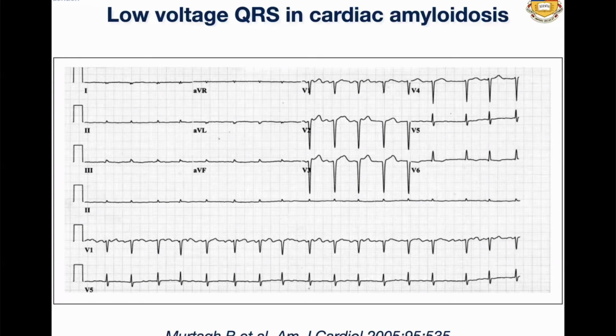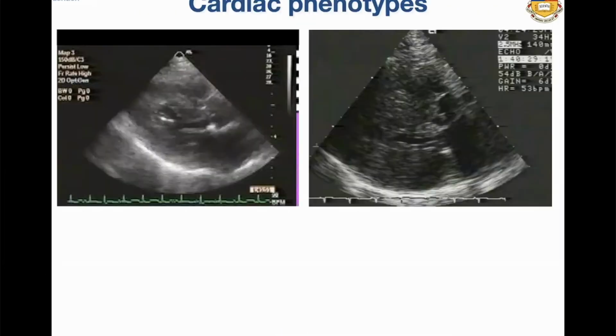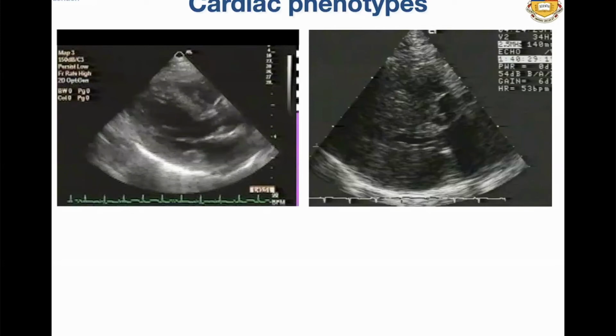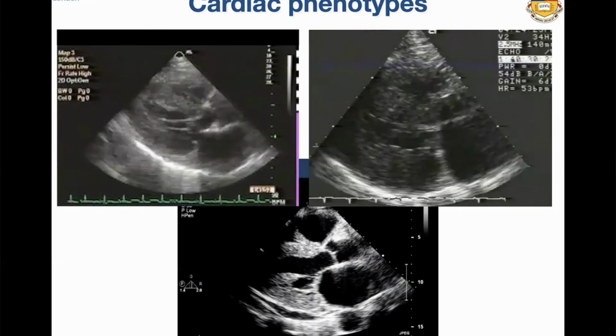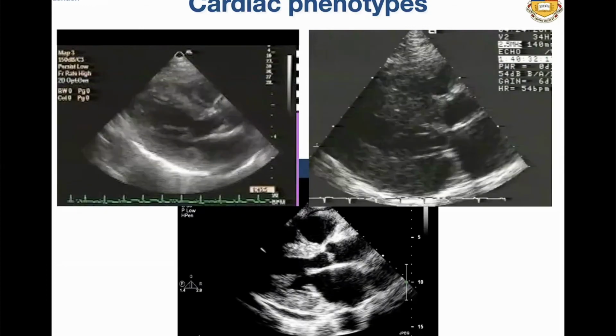Think laterally. There are different phenotypes. You have one phenotype on the left, a different phenotype on the right. The right is a classic hypertrophic cardiomyopathy. And in the bottom is heart failure with ATTR amyloidosis with some pericardial effusion. I'll come back to some of these examples.